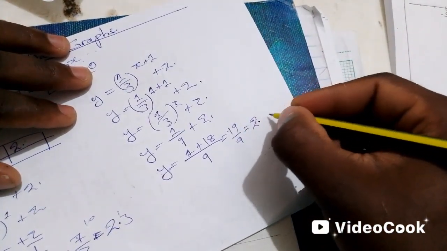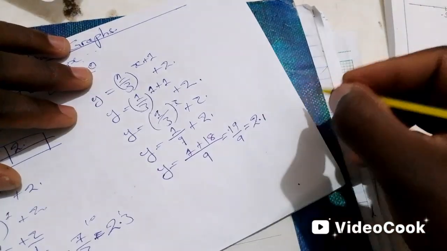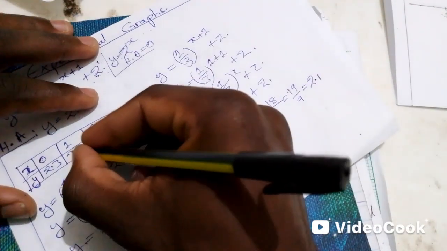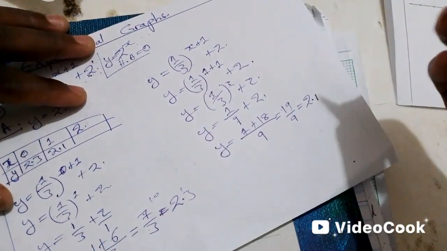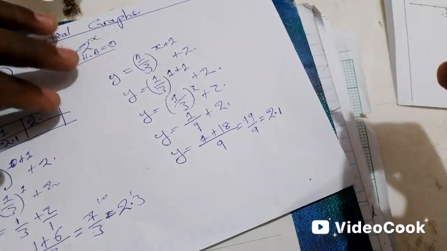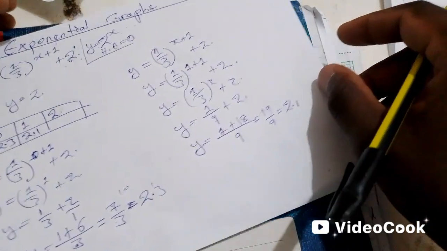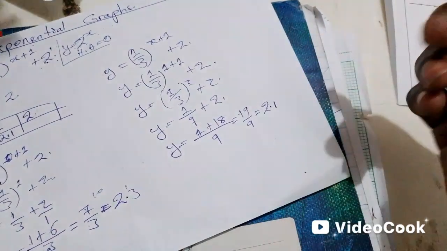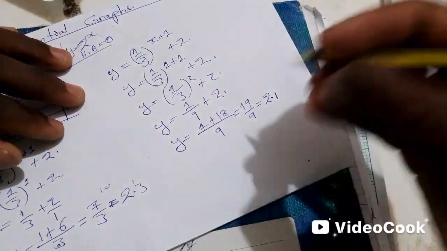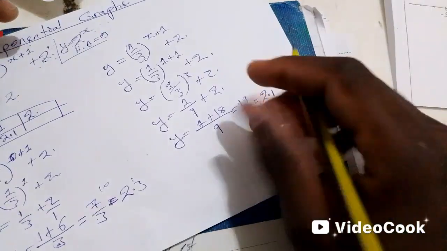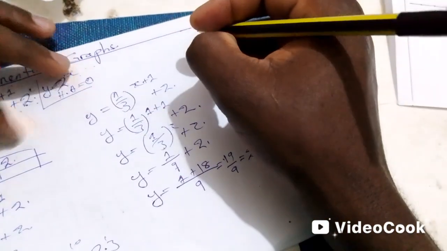So that's going to be 2.1. Again, it's going to be 111. So we can just say 2.1. Is it making sense? Yeah, 2.1. So we put our 2.1 there.